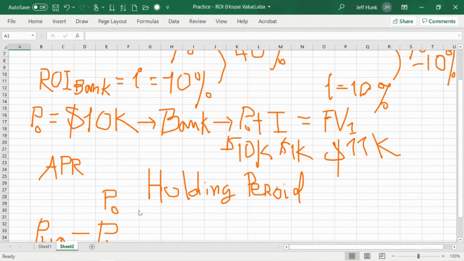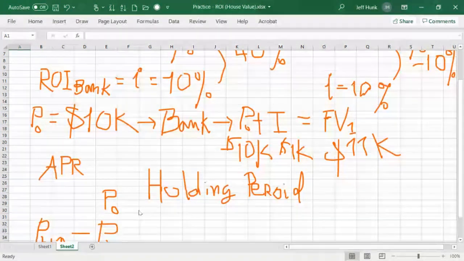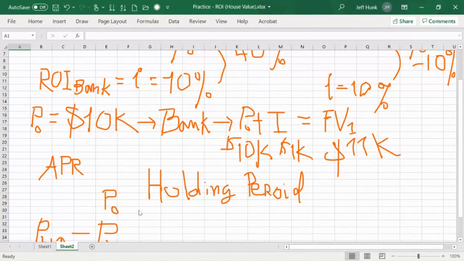You can buy 100 shares, and the total value of your Amazon holding is 10K, but the price is always the individual share price. It's $100.